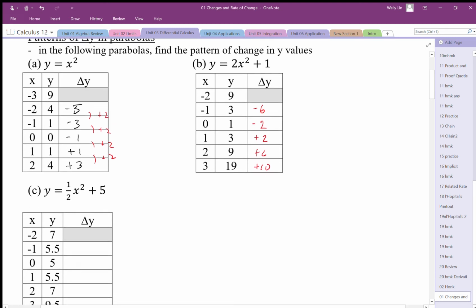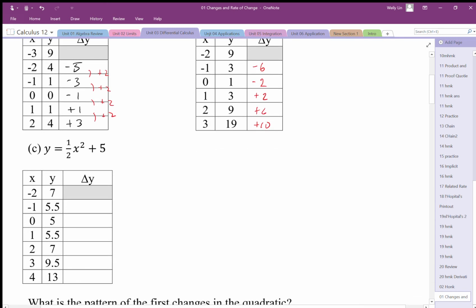Then we can look at one more parabola here. I've given you a table of values here for 1/2 x squared plus 5. Going from 7 to 5.5, we get a minus 1.5 change. From 5.5 to 5, we get a minus 0.5 change.